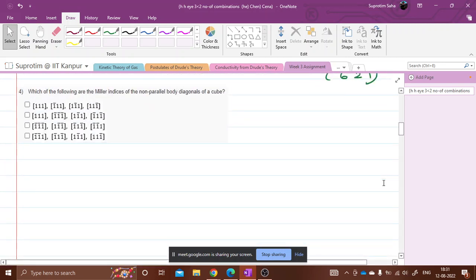Now, which of the following are the Miller indices of the non-parallel body diagonals of a cube? All right.